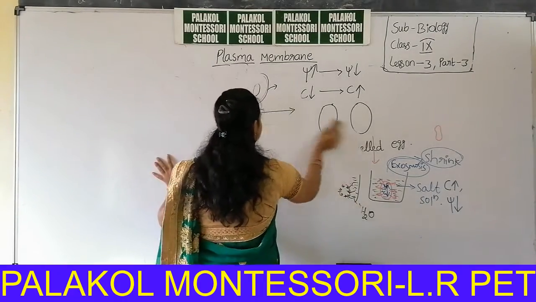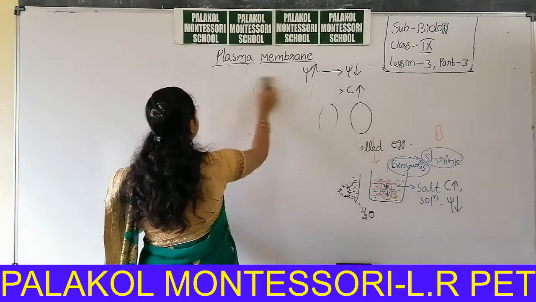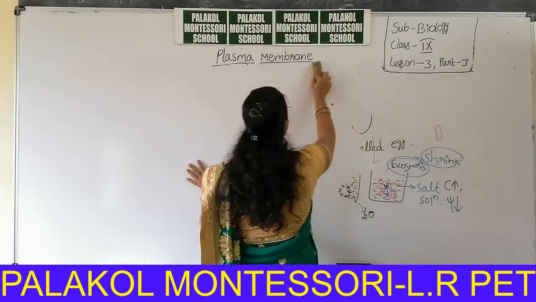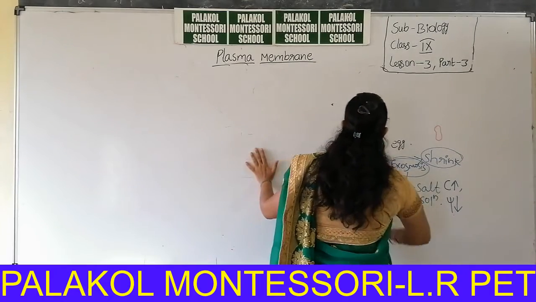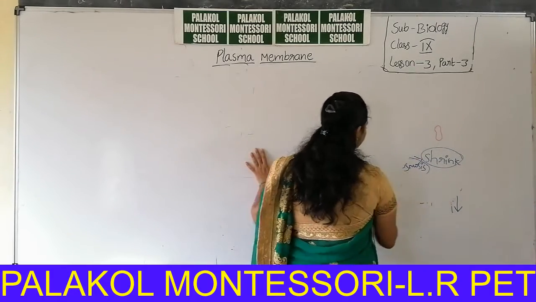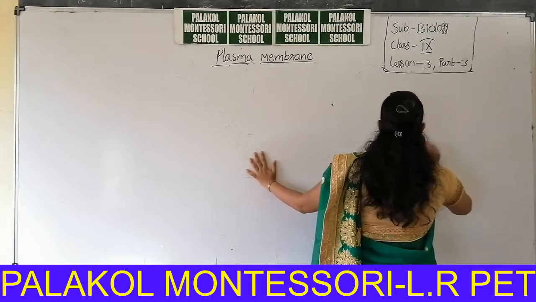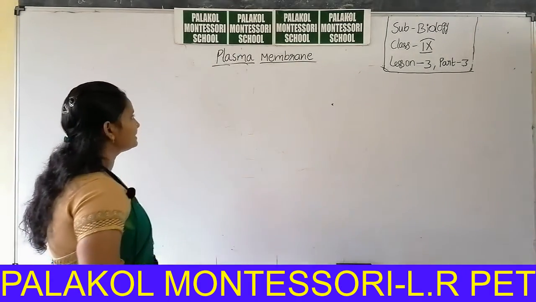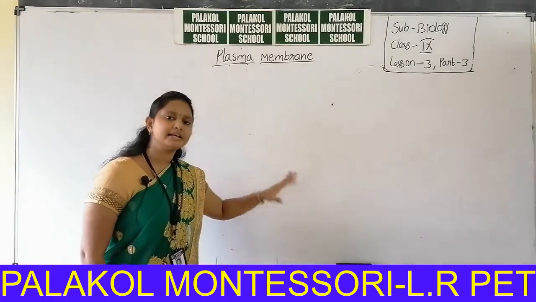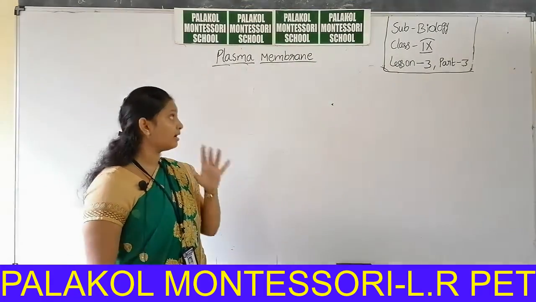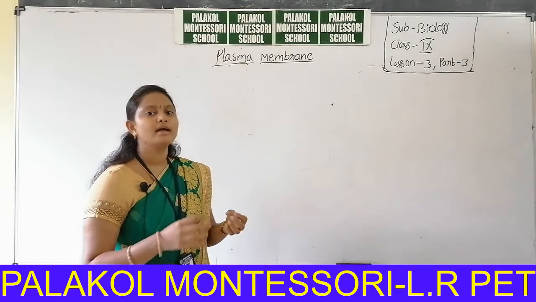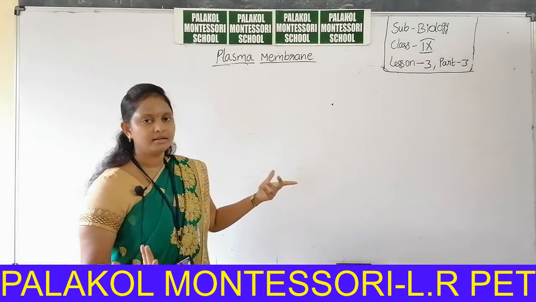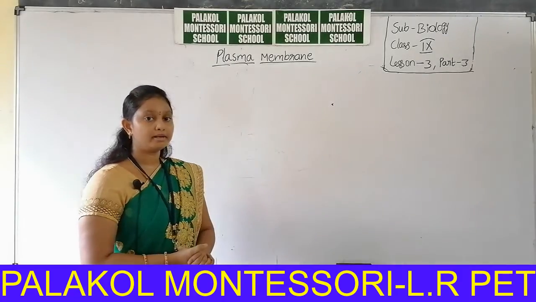Preparing a semi-permeable membrane. I said that the plasma membrane is a semi-permeable membrane. All animal cells have an outermost layer that is a plasma membrane, a semi-permeable membrane.